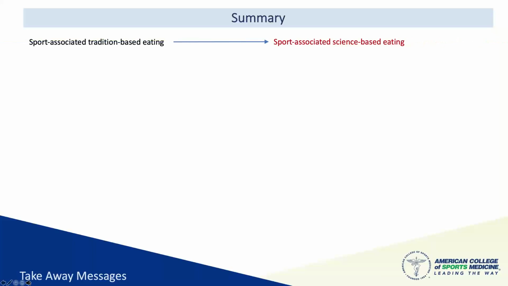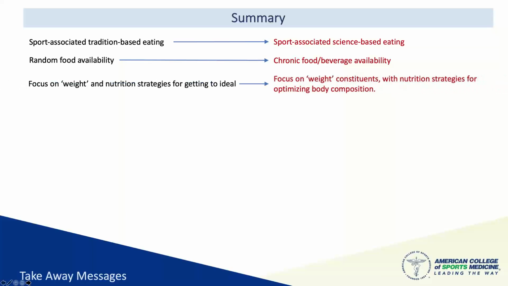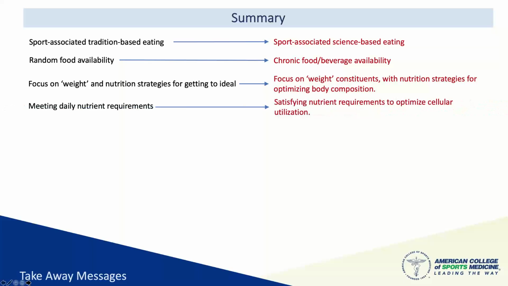In summary, we have to take sport-associated tradition-based eating and make it sport-associated science-based eating. We have to take random food availability and make it chronic food and beverage availability. The focus on weight should be changed to a focus on body composition and finding an appropriate range of body composition for that individual athlete.